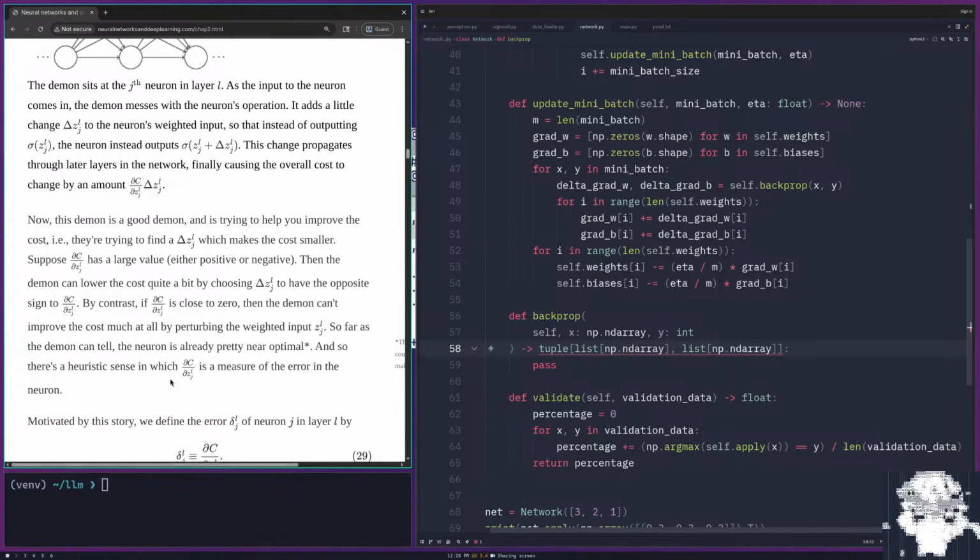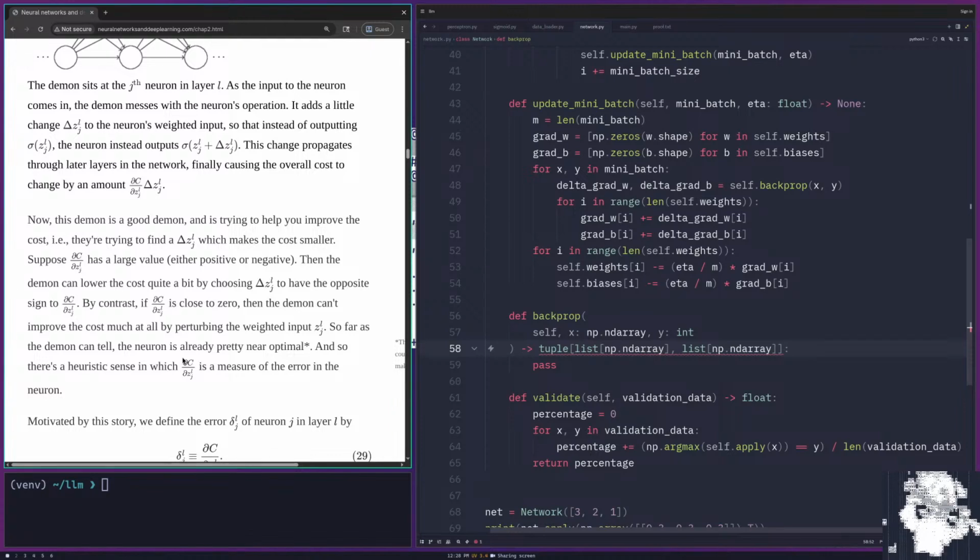Okay, so for each neuron, if you can calculate the slope of the cost function with respect to the weighted input to the neuron, then you can tell how important this neuron is to the cost.